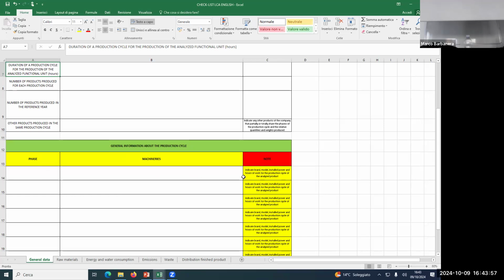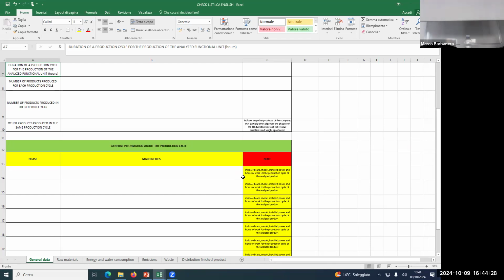It's important because typically, when we want to determine, for example, the energy consumption of machineries, in particular the electricity consumption of the machineries, it's impossible to obtain from the company the exact consumption of electricity for each machinery.